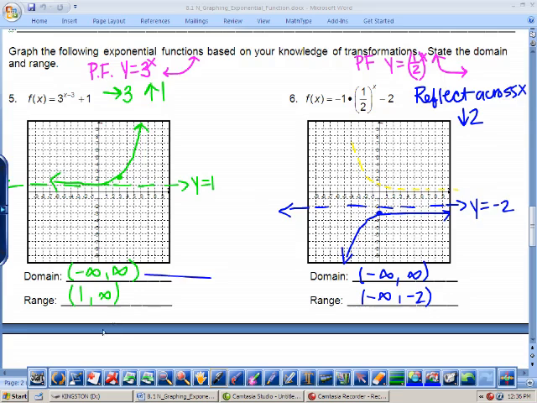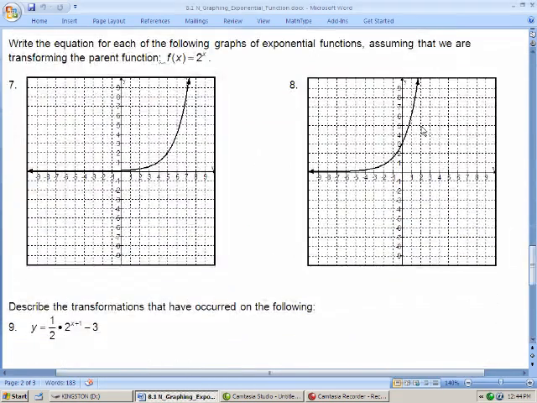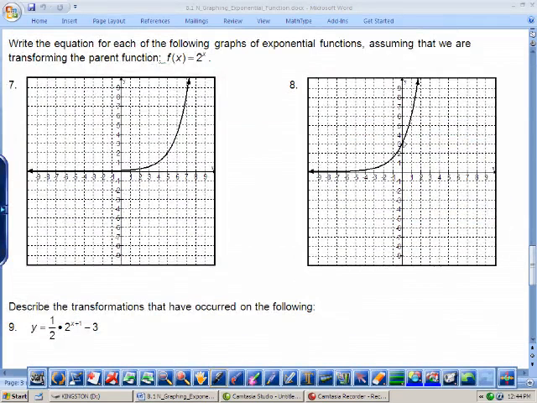All right, let's talk about what happened on number 7. Did your asymptote move? Your horizontal asymptote? No, it's still at y equals 0. So that means we couldn't have had a vertical translation. Your point (0, 1) moved to (4, 1).